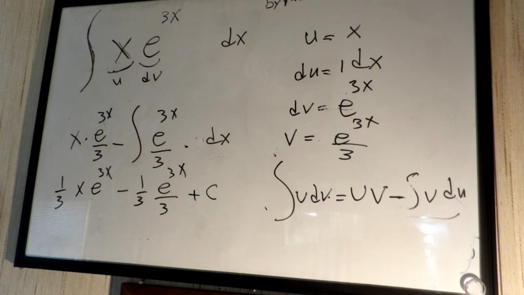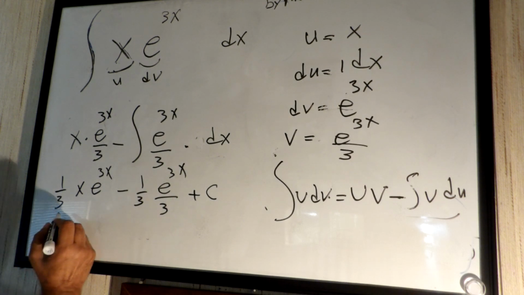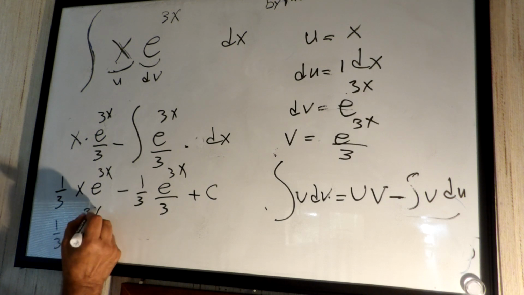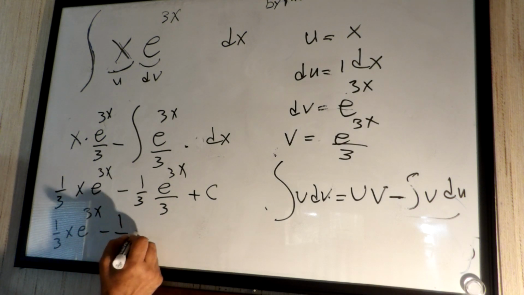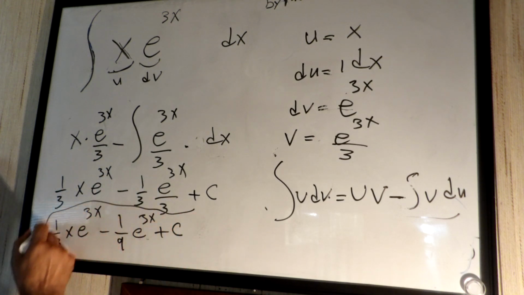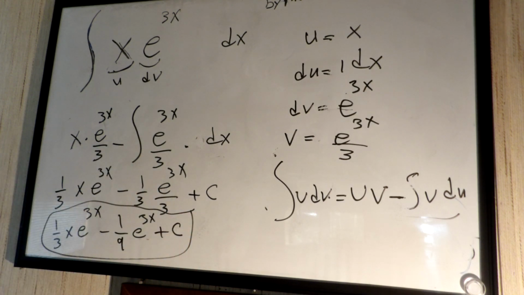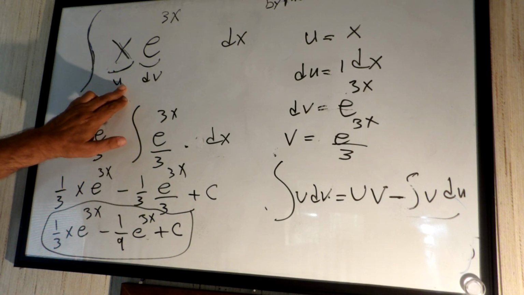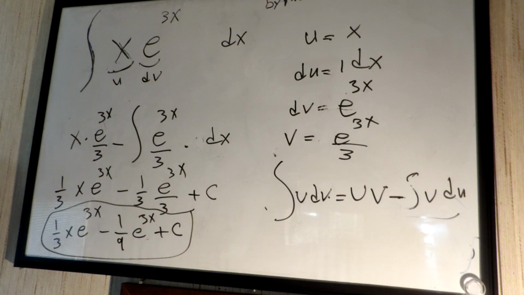So it's going to be 1 over 3 x e^(3x) minus 1 over 9 e^(3x) plus c. That's going to be the answer. If you take the derivative of this one, you are going to get this one.